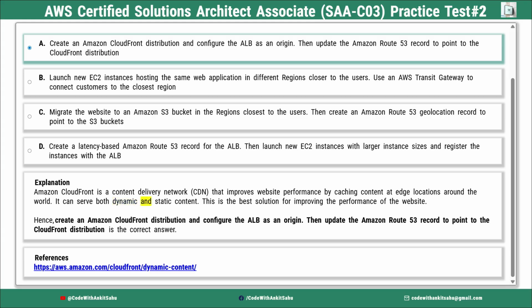It can serve both dynamic and static content. This is the best solution for improving the performance of the website. Hence, create an Amazon CloudFront distribution and configure the ALB as an origin. Then update the Amazon Route 53 record to point to the CloudFront distribution is the correct answer. References.